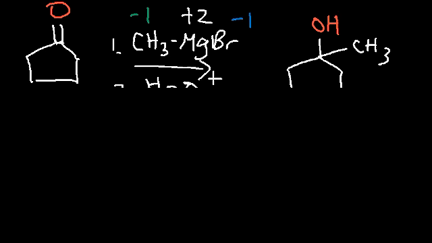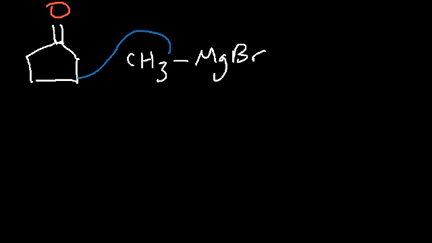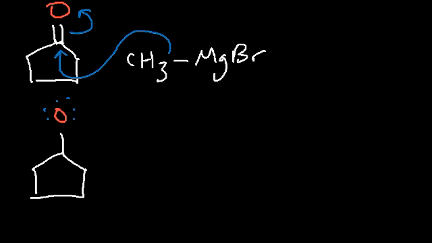So now let's propose a mechanism for this process. In the first step, methyl magnesium bromide is going to react with the ketone. The methyl group attacks the carbon and breaks the pi bond. So right now we have an alkoxide ion, and we've added the CH3 to the compound.